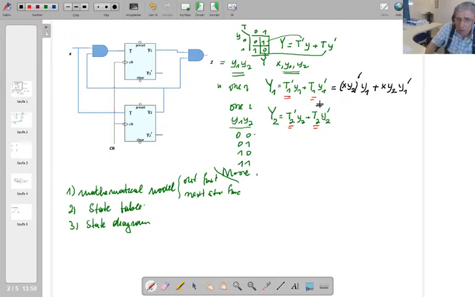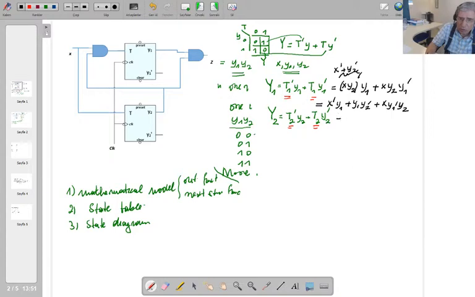So if you open it now, using the Morgan theorem, it's going to be x prime y1 plus y1 y2 prime. What I am saying is that here it is x prime plus y2 prime. That is the Morgan theorem that I used. Plus, I change the order now, x y1 prime y2.